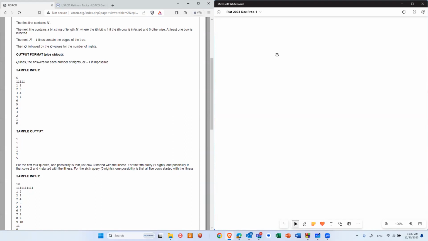So then let's look at some examples. The first example is a tree which is 1 goes to 2, which goes to 3, which goes to 4, which goes to 5. For the first night, if Farmer John determined that every cow is infected, obviously every cow needs to be infected.